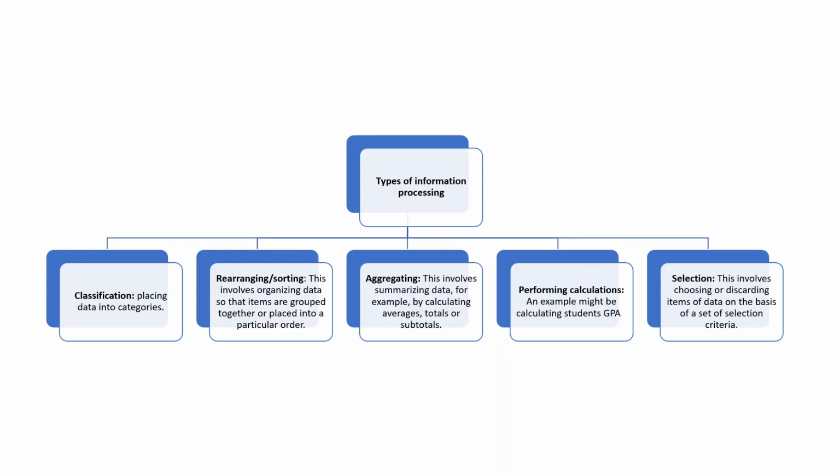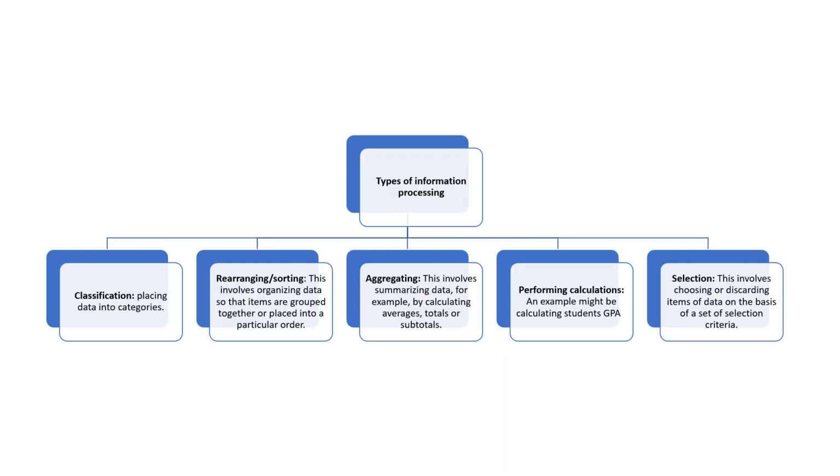Performing calculations, as the word suggests, you want to calculate, for example, student GPA, or you want to calculate employee salary. When you go to payslip producing, you want to get the gross pay, you are subtracting so many things, you're doing some calculations. So we have information systems that provide those features.